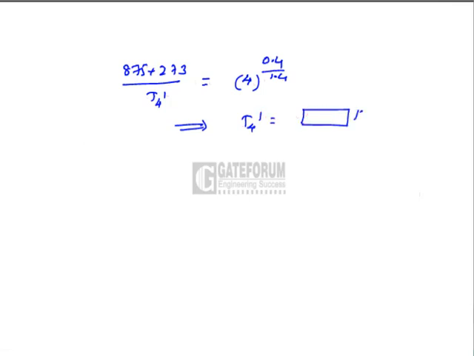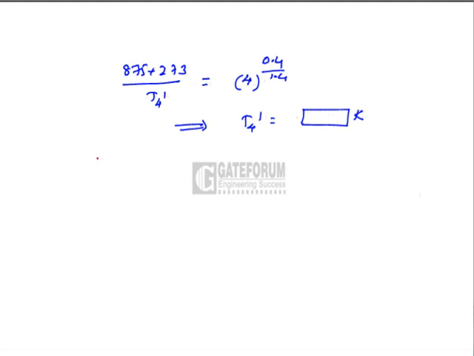Now, substituting the values for T3, that is 875 plus 273, divided by T4 dash is equal to 4 to the power of 0.4 divided by 1.4, from which the T4 dash could be calculated.